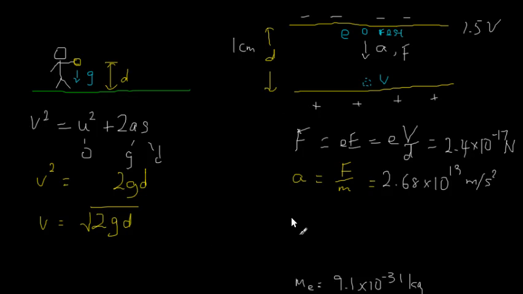Okay, velocity, this velocity just before it hits the lower plate is given by the same formula, square root of 2 times, this time the acceleration a times d, the distance it travels.